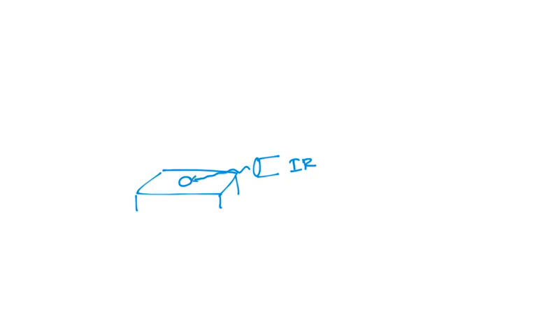It comes from this side. If your compound is a solid, it may not have a good contact with the IR. We need to make something like this on the platform.